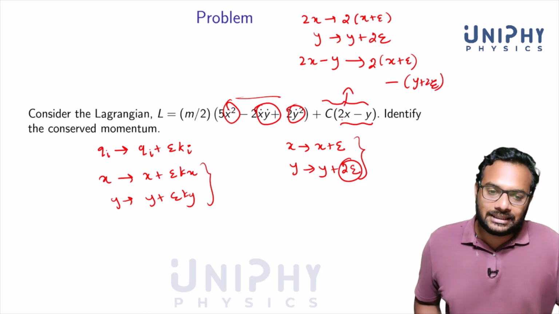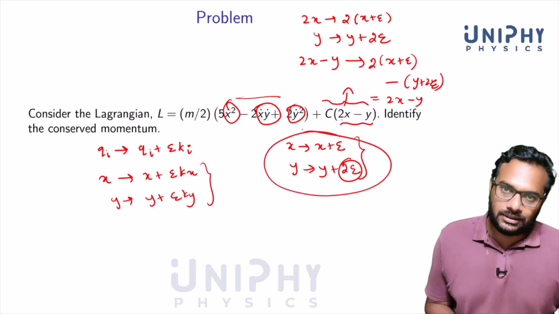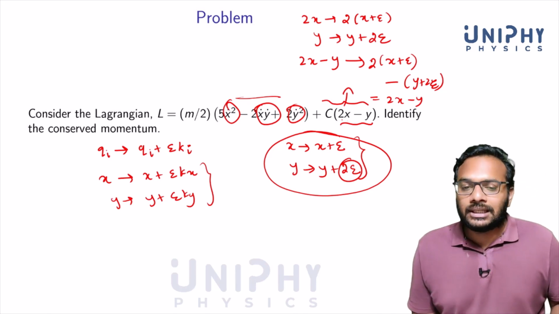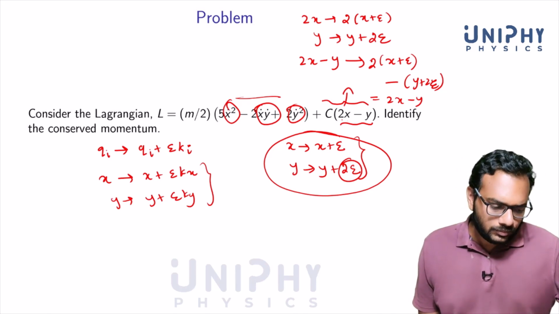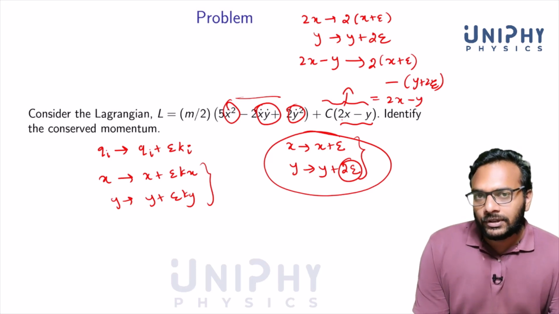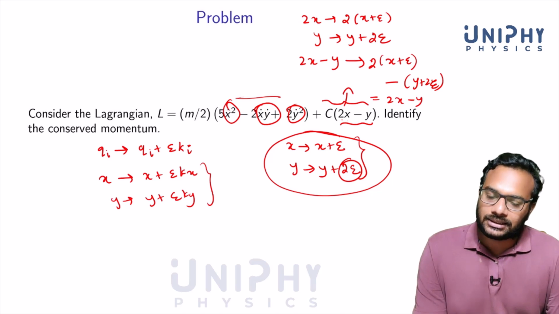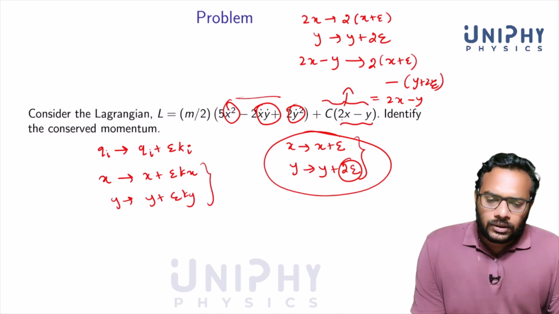So we see that these terms get cancelled, and this is equal to 2x minus y. So we have seen that this transformation is actually a symmetry transformation of the Lagrangian. This is again a full symmetry. As I said before, we don't need a full symmetry for Noether's theorem to work, but if there is a full symmetry, then Noether's theorem works.